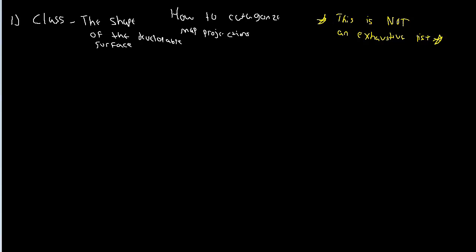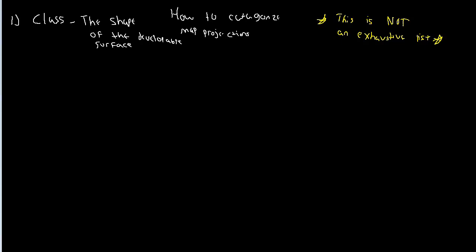And so what I want you to think about before I draw any diagrams or talk at all is taking a soccer ball and a sheet of poster board. In this example, the soccer ball would represent the reference globe and the poster board would represent the developable surface. And if you remember back to the diagram we drew in the last video, the idea is that we want to make it so that the poster board, the developable surface, is in contact with the reference globe, in this case, the soccer ball.